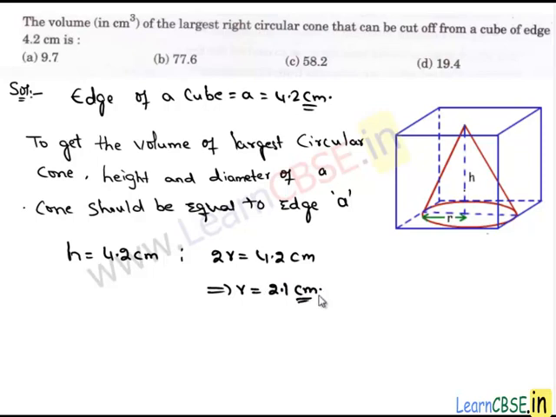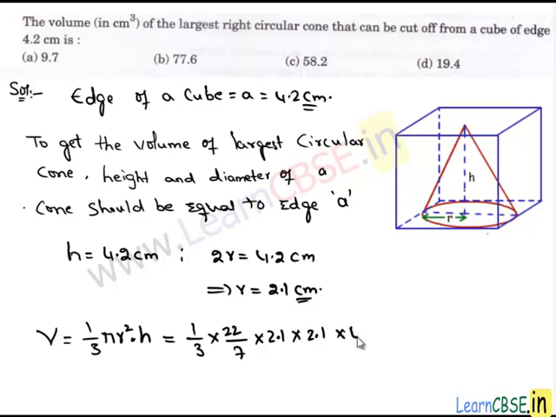2.1 centimeters. The volume of a cone is 1/3 π r² h. Let's substitute the values. Here we have π as 22 upon 7 and the radius is 2.1. Then we have 2.1 times 2.1 and the height of the cone is 4.2 centimeters. 7 times 3 is 21 and in the numerator we have 22.